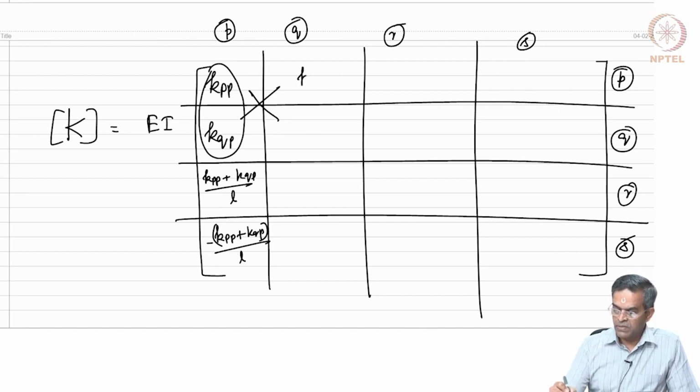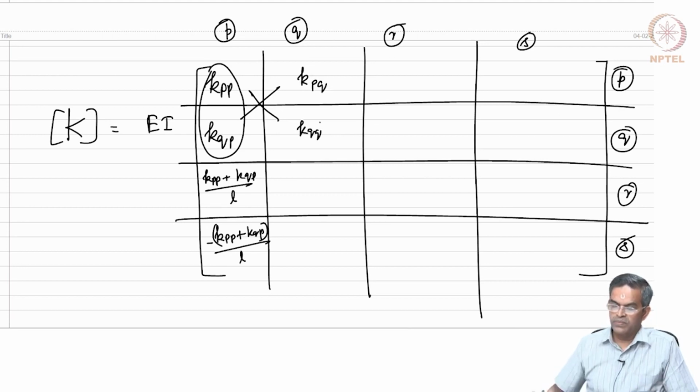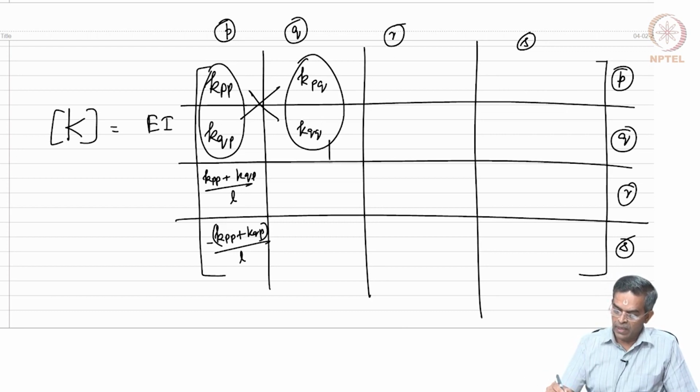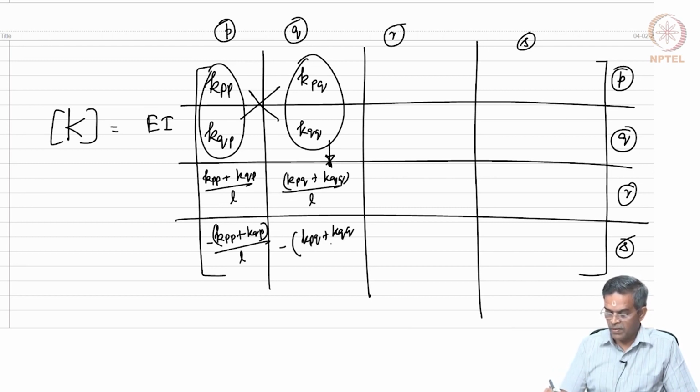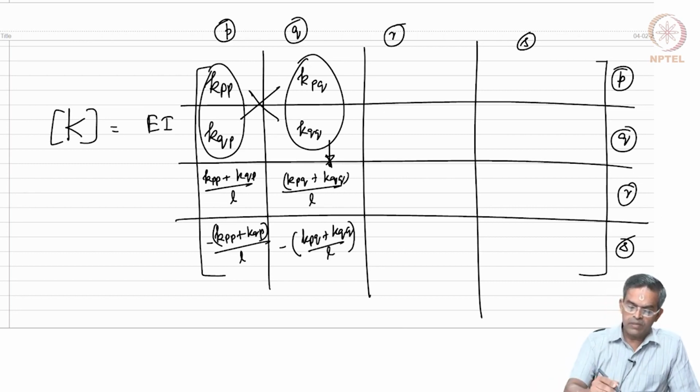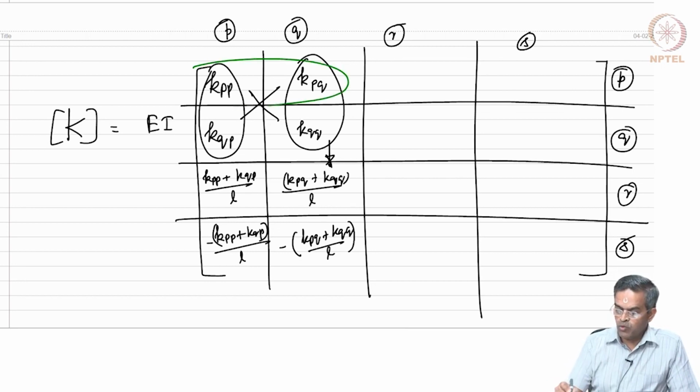So, this becomes KPQ and this is KQQ, okay, and the sum of these two by L will be here. So, KPQ plus KQQ by L. The fourth one is the negative of this. Coming to the third column of this matrix, the sum of these two by L will be here.